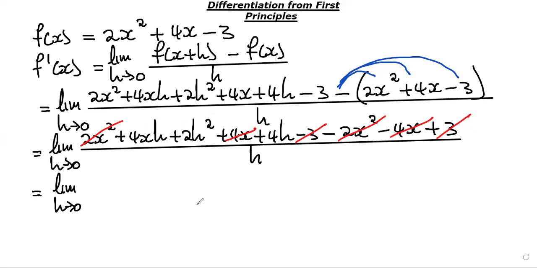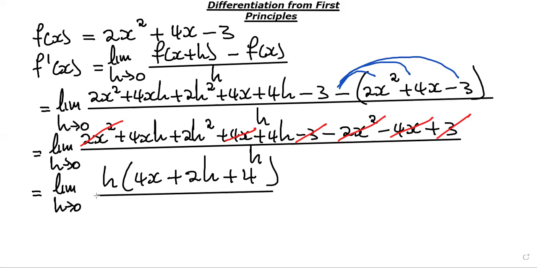So I'm just going to take h out as the highest common factor. When I do, from the first term, I'm left with 4x. From the second term, with 2h. And from the last term, with a solid 4. And these two h's, once again, will cancel out as well.